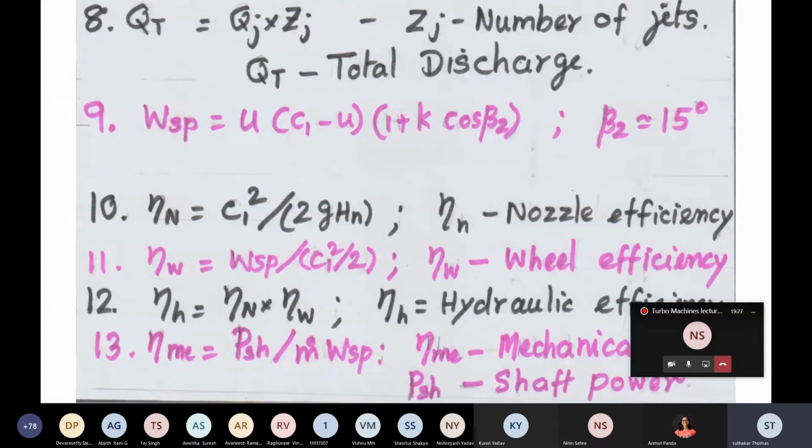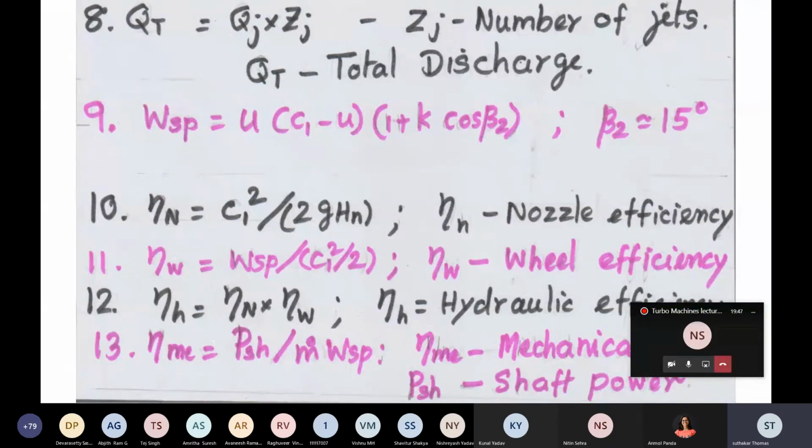Then mechanical efficiency comes from the shaft power and the power developed by the wheel. That is specific work into m dot will be the power developed by the wheel. So P shaft by m dot W specific.